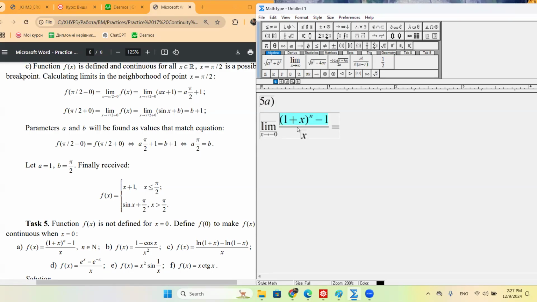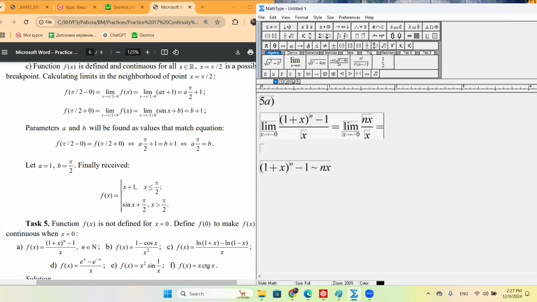Well, there are a lot of different equivalences we can use. So which is important for us in our case? Well, I will just write it down for you. So this expression is equivalent to nx. So this is a useful equivalency.